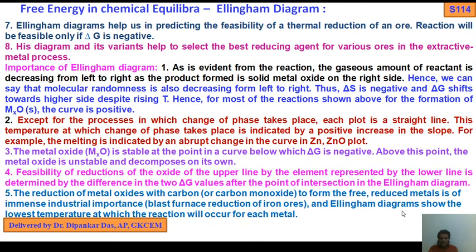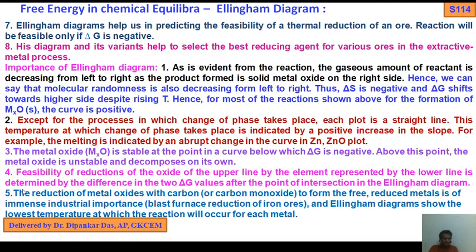Carbon is a good reducing agent. An Ellingham diagram shows the lowest temperature range at which the reaction will occur for each metal. So that is the main importance of the Ellingham diagram.